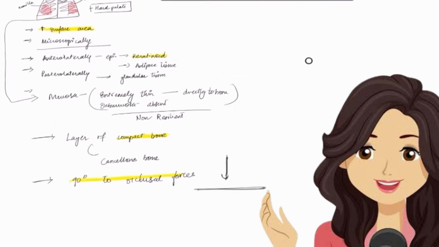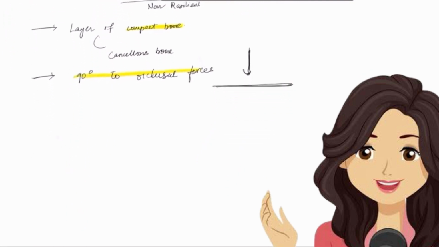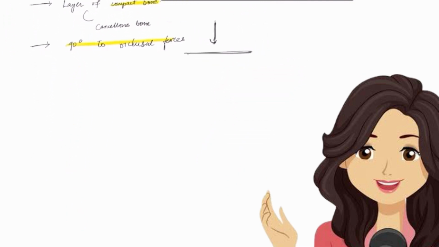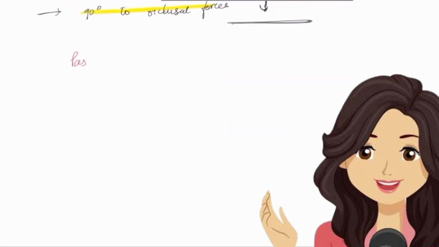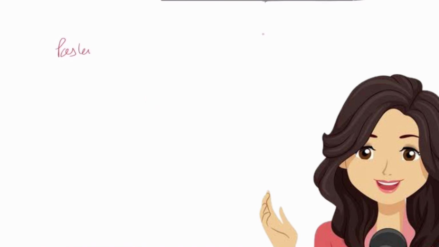Now we come to the clinical implication of your posterolateral area, the glandular tissue that we see. The submucosa in the posterolateral area contains your glandular tissue.